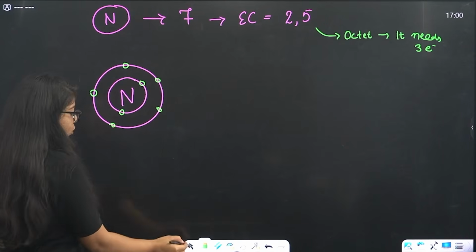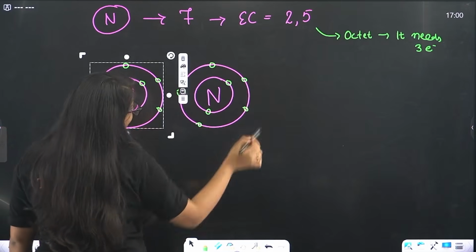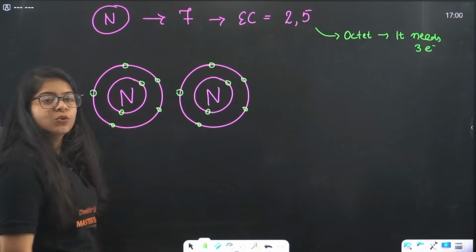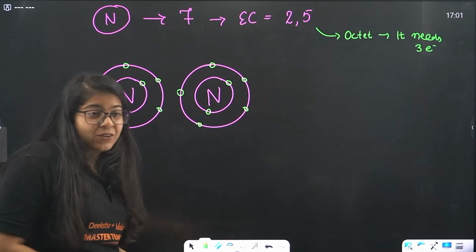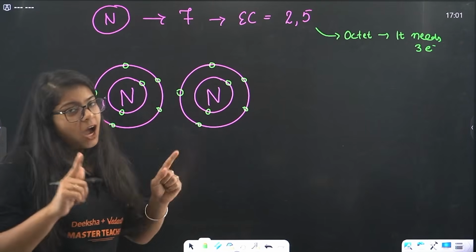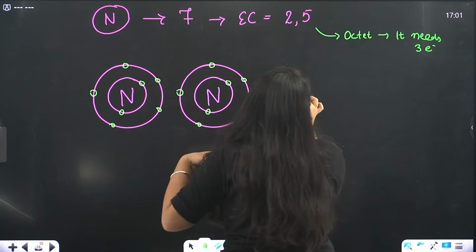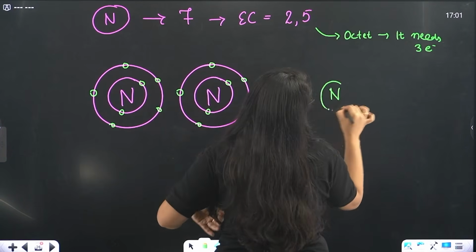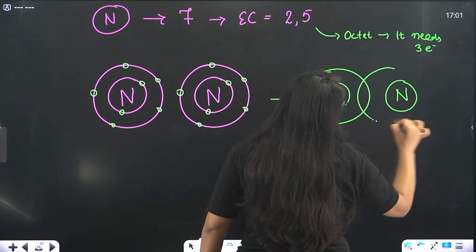So it will now go to another nitrogen atom and say, bro, let's share. It's like, okay, sure. Hydrogen is doing it, oxygen is doing it, I will also show you my loyalty. So it becomes nitrogen, and they share 3 electrons each.